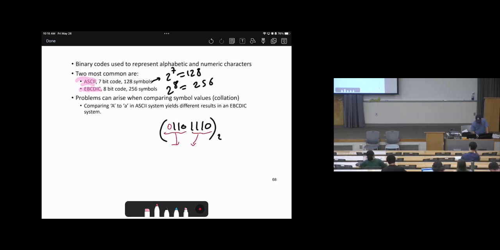This group is equivalent to E, and this one is 2 plus 4, which is 6. So I can represent this as 6E instead of writing a long number.